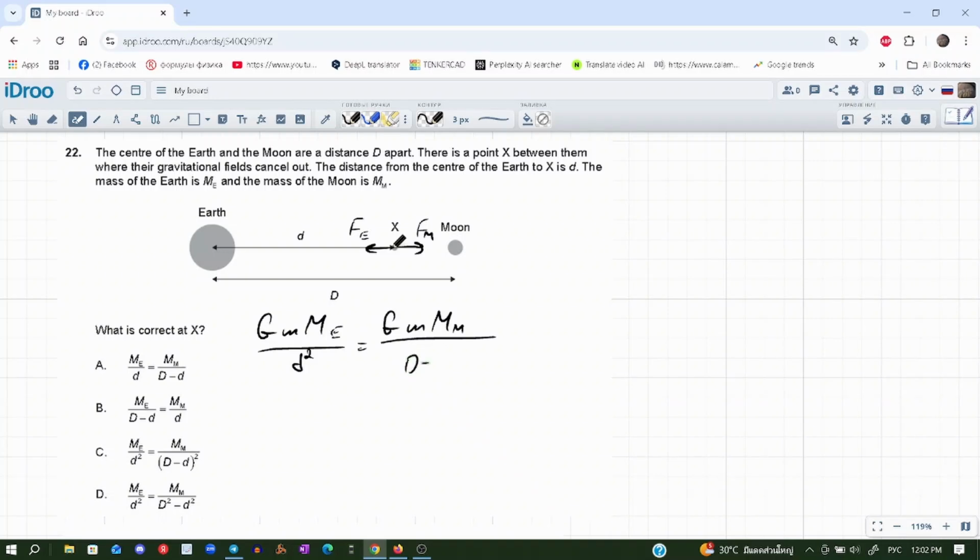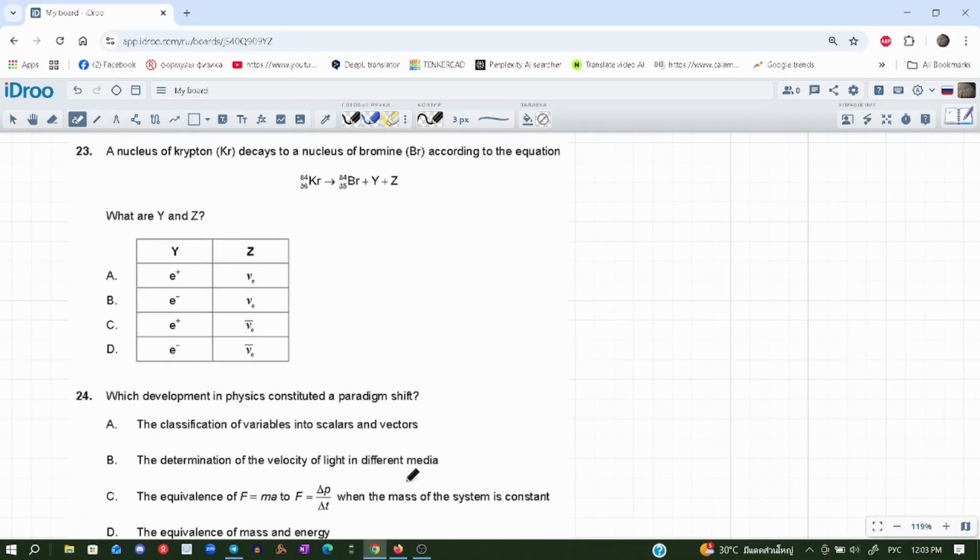Capital D minus small d squared, right? We'll lose our G, we'll lose the M, and we will get option C, right? Yes.